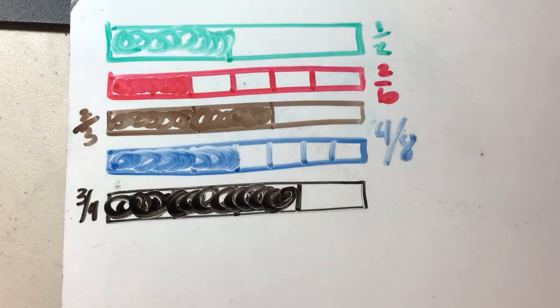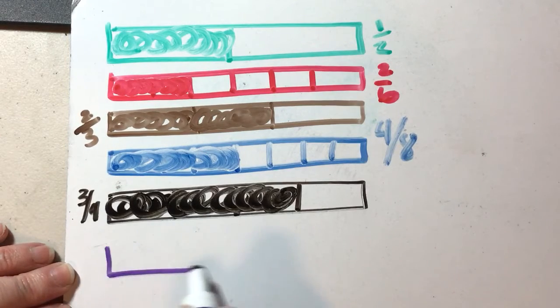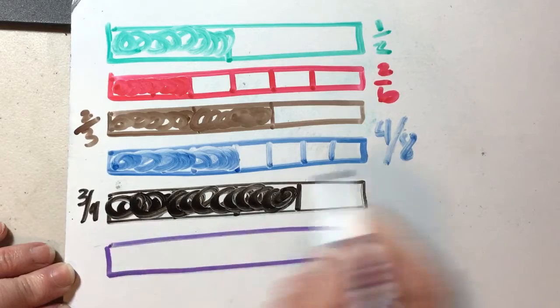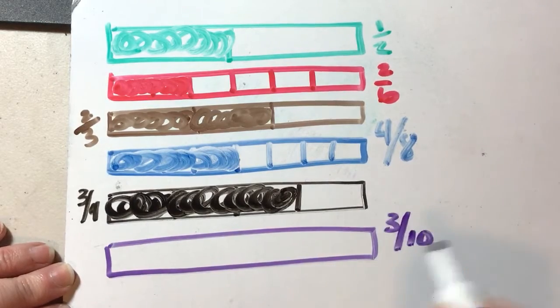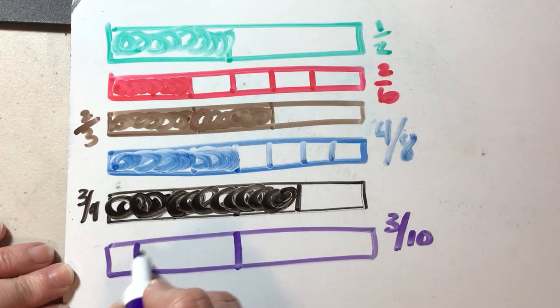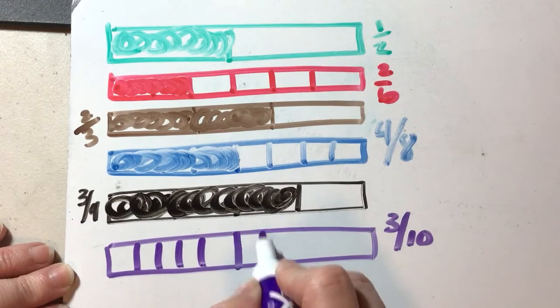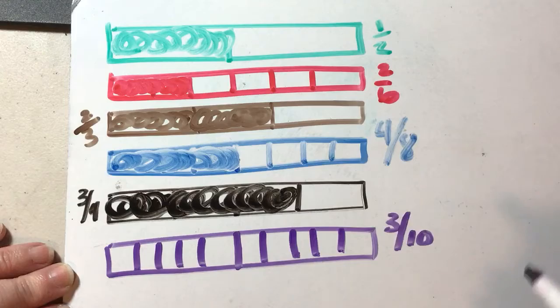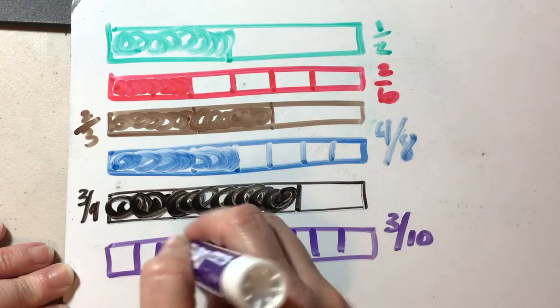And then lastly, 3/10. Was I able to fit them all on here? I was. Yay. 3/10. All right, I got tenths. I need 5 on this side. 1, 2, 3, 4. 2, 3, 4. 3/10.